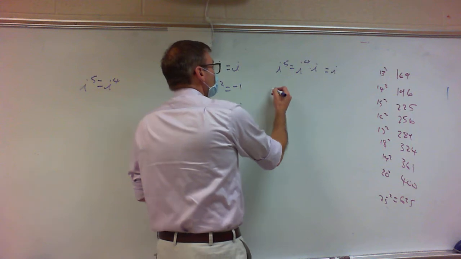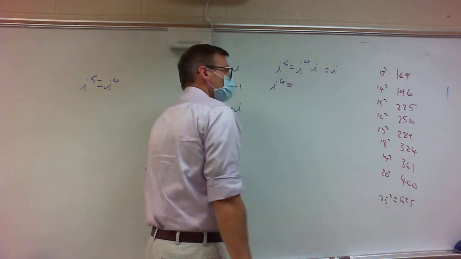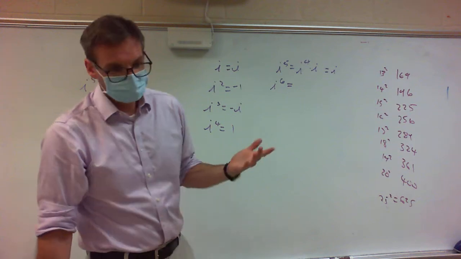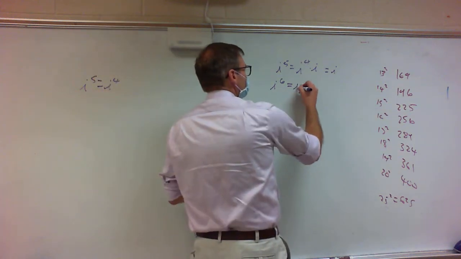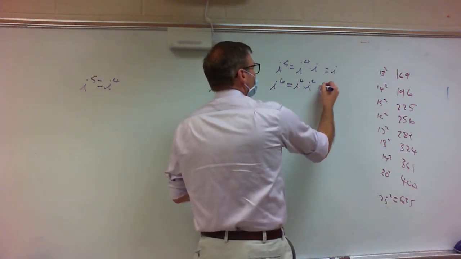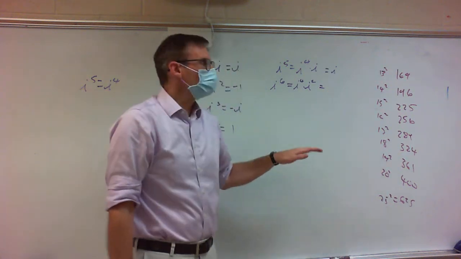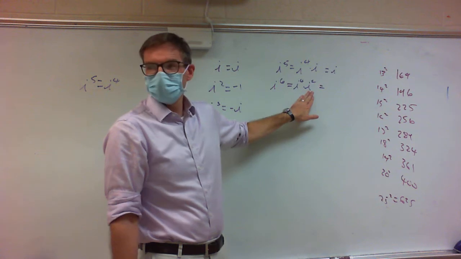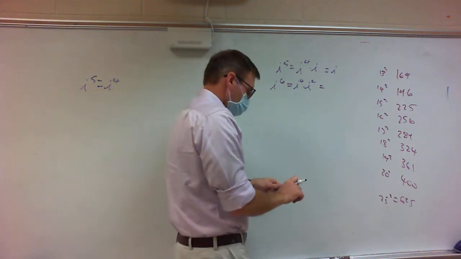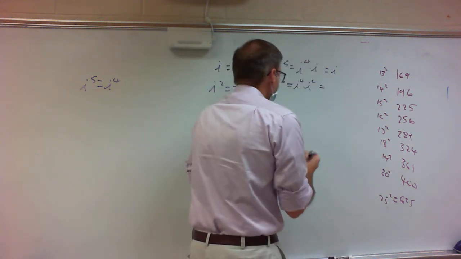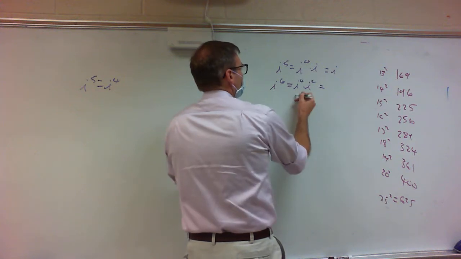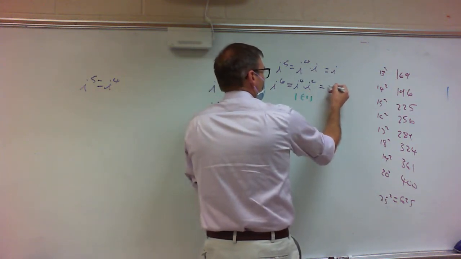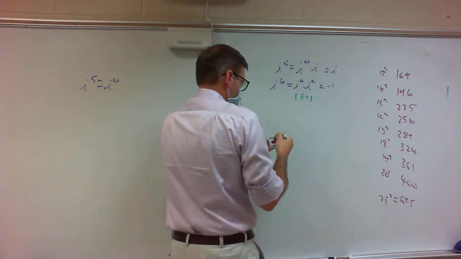All right. Let's think about I to the 6th. Well, I really like I to the 4th, so I can say this is I to the 4th times I squared. And so we end up with that's a 1, and that's a negative 1, and so my answer is going to be negative 1.